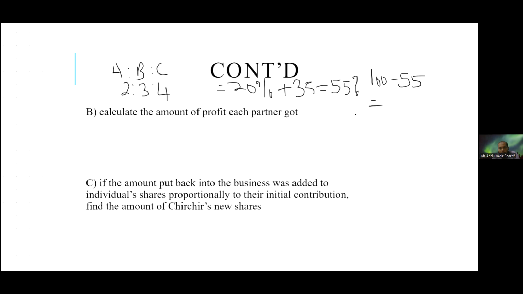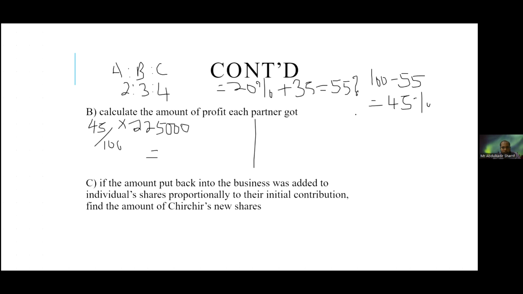So the profit that was shared is 45 over 100 times the net profits, which is 225. Let's not forget that one. This is 225,000. So 45% of 225,000.